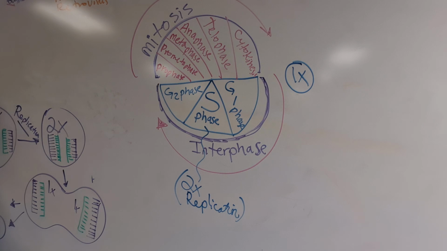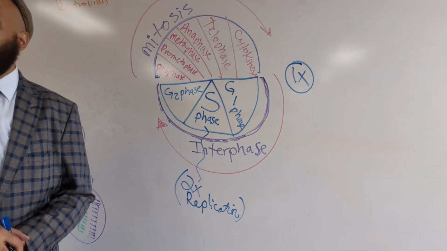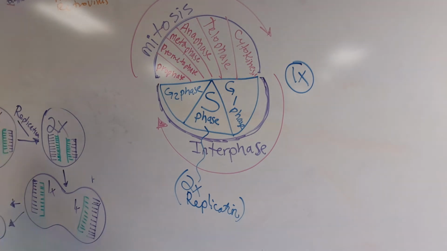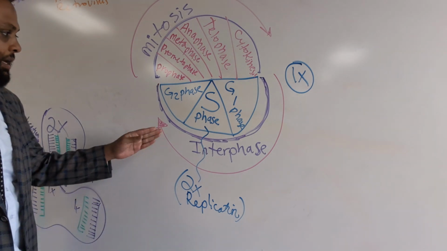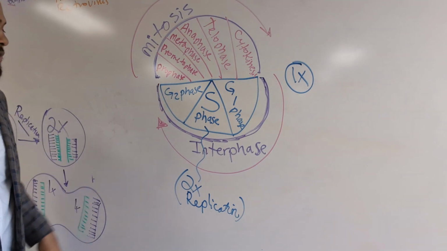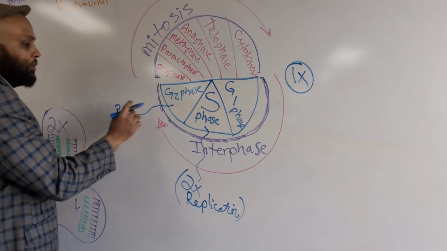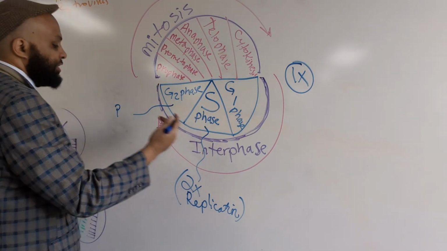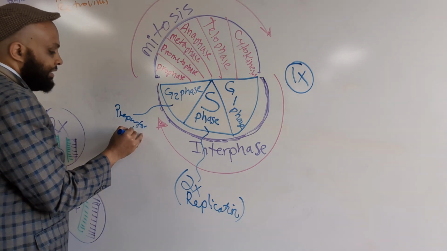I'm going to double the DNA. Then after I double this DNA, I'm going to go through the G2 phase to prepare for cell division. All of interphase is preparation for division.